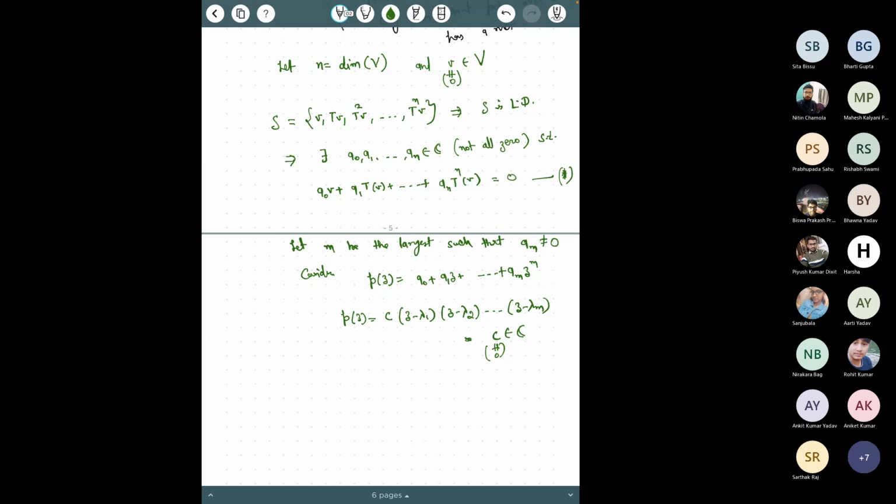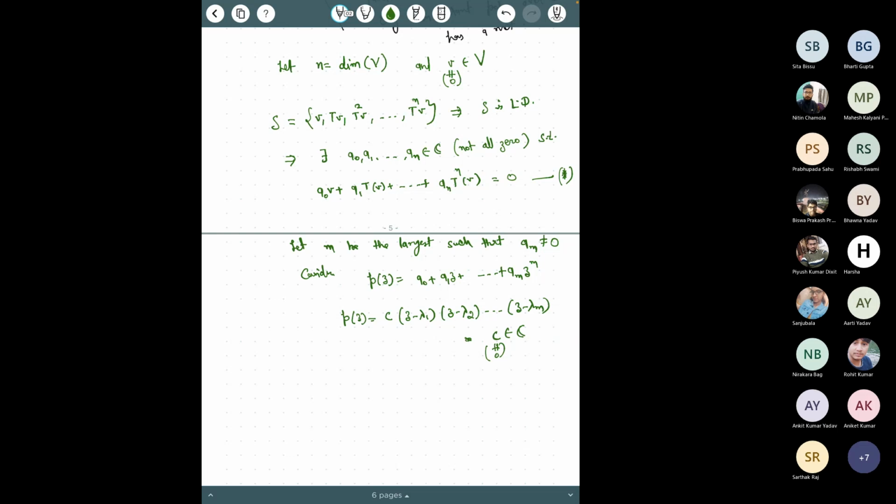So we can write this because we can construct this polynomial P using these scalars a0 to am. This is a polynomial over C, so by the fundamental theorem, we can write p(z) in this way, because we know that it will have m roots. So we get a factorization of this form where this constant C is not 0.